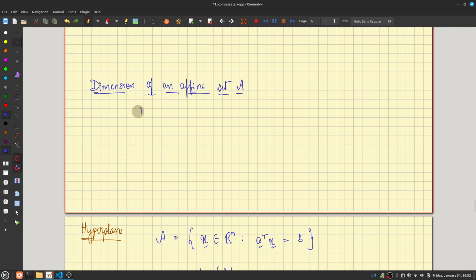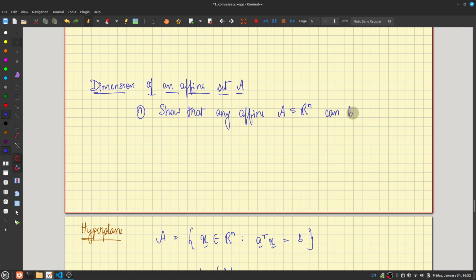First, I want you to show that any affine set A, which is a subset of say Rn, can be written as the set of all x in Rn which is the solution space of some system of linear equations.